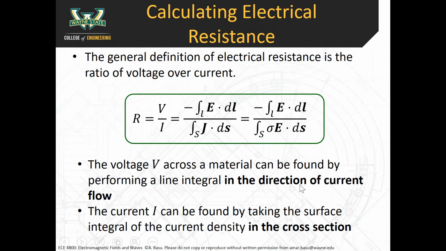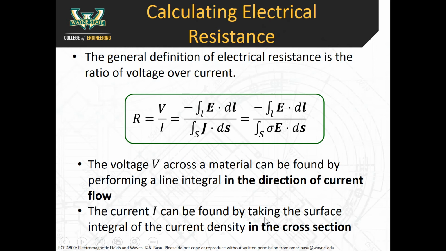All right, so I'm going to teach you the technique of how to solve for these problems. We'll do it in a simple case, and then we'll do it in a slightly more complex case. So the voltage, again, we've done these techniques before. The voltage can be found by performing a line integral of the electric field in the direction of current flow. So that's the trick you have to do.